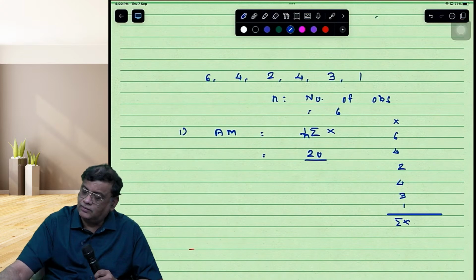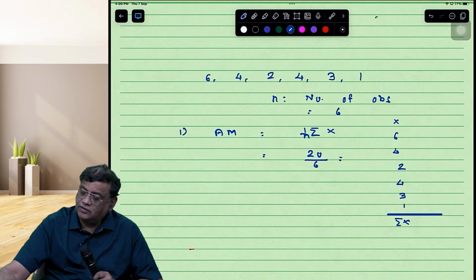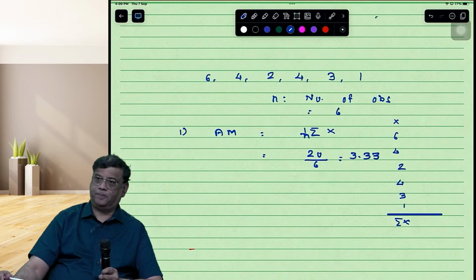And 20 divided by 6 comes to be 3.33. That is the arithmetic mean.